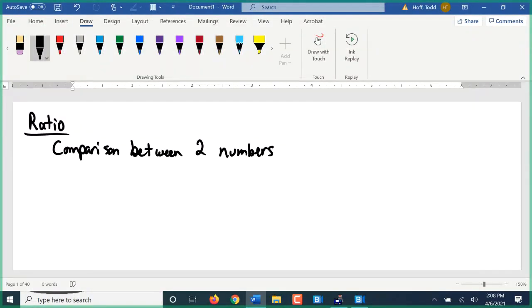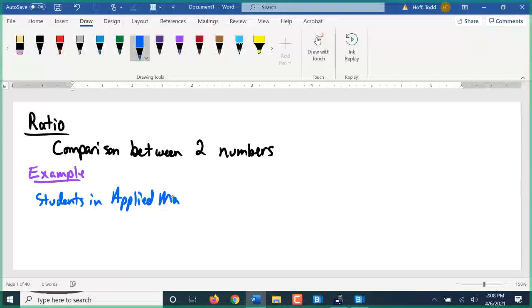For example, let's do a ratio of students in applied math to students in technical math.